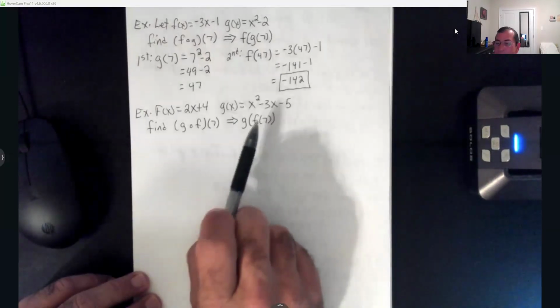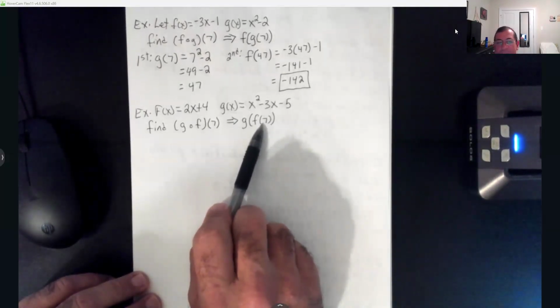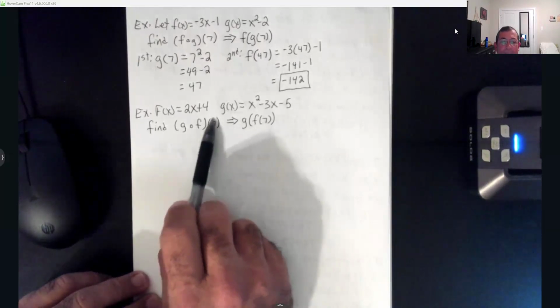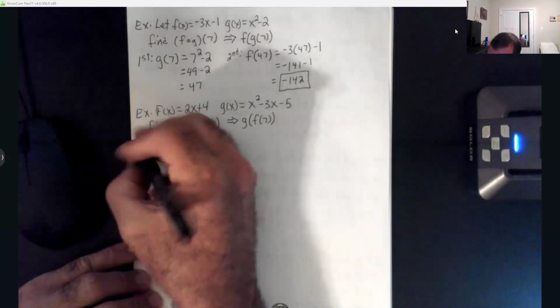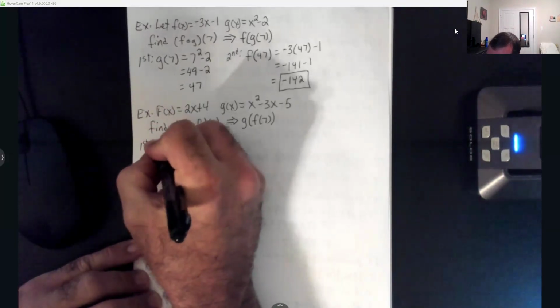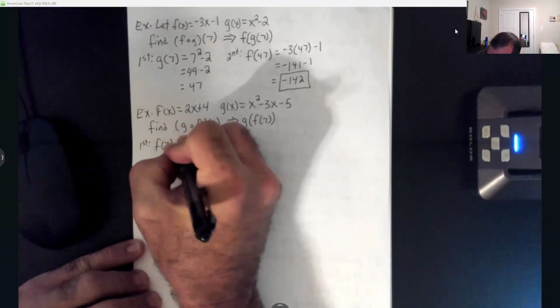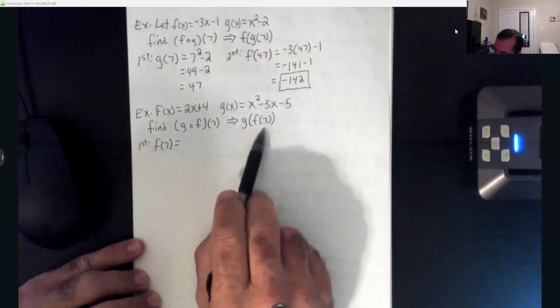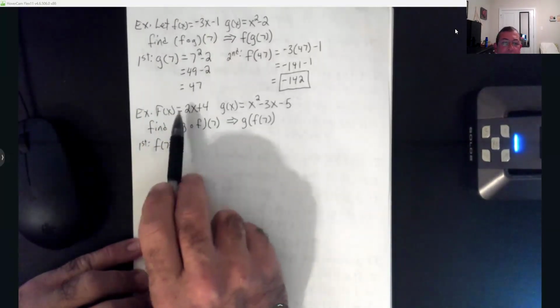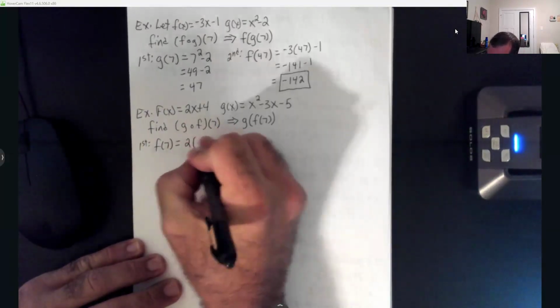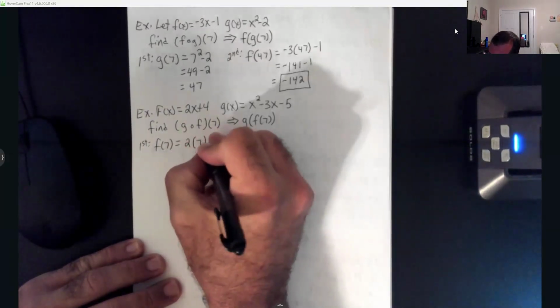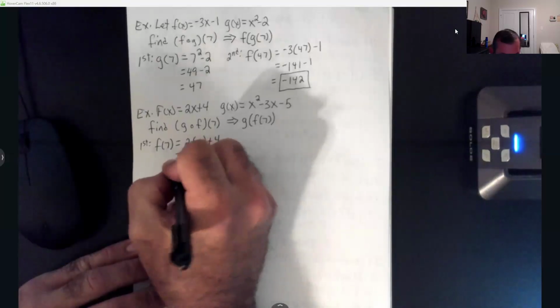So our first thing is to find that f of 7. Once we get that answer, we'll throw that into the g. All right, y'all, so our f of 7, we're going to take the f equation, put a 7 in for the x. So I'm going to get 2 times 7 plus 4.